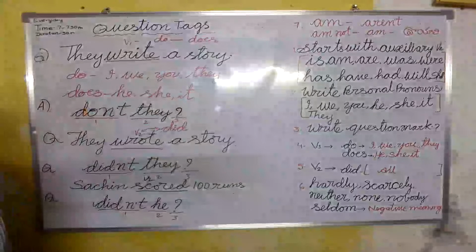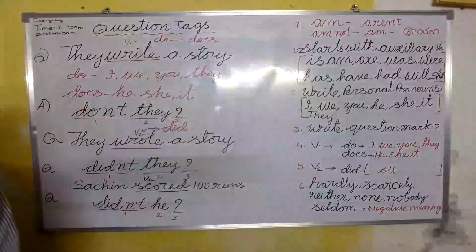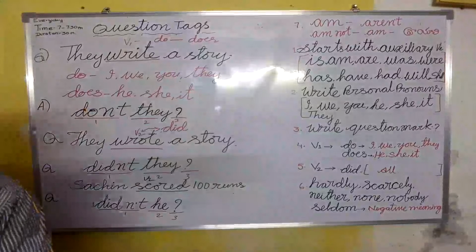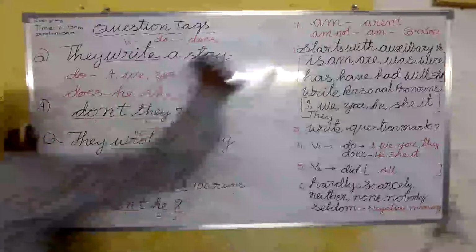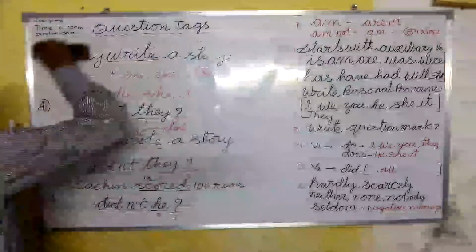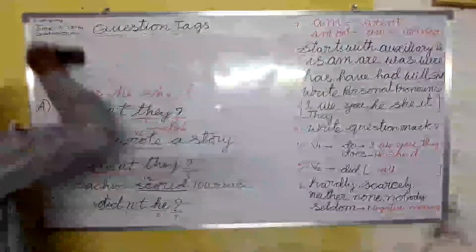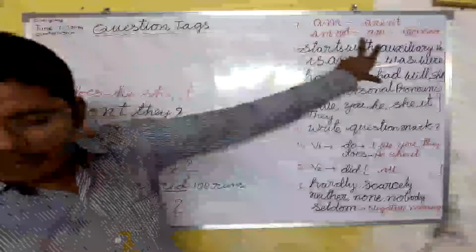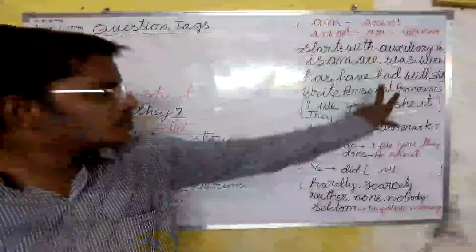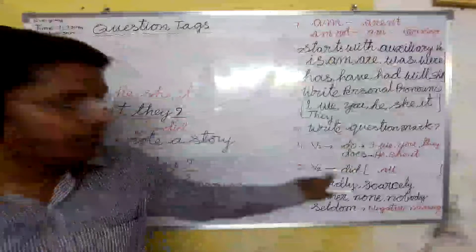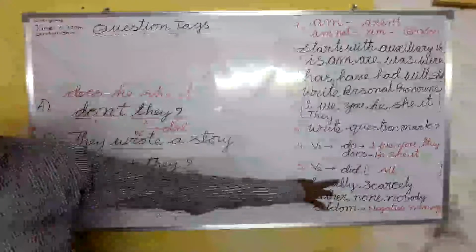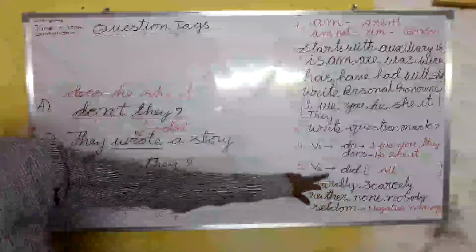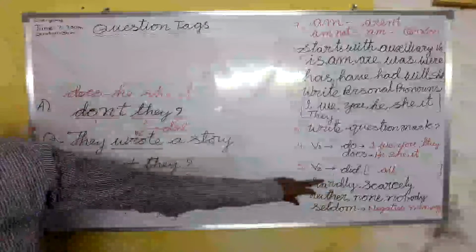See now here. So if you observe, until now we have learned all these helping verbs or auxiliary verbs. Next, we learned V1 and V2. Now we shall learn these words. Is it clear?